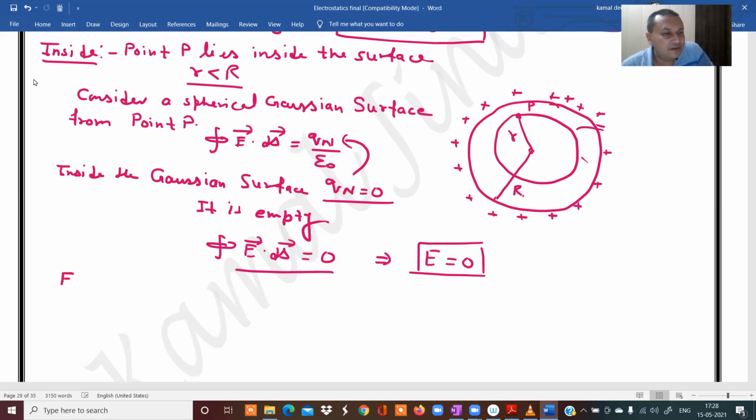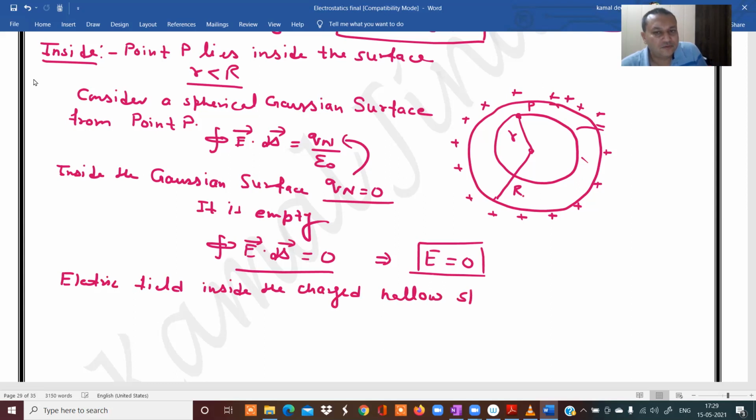So, electric field inside the charged hollow sphere is 0. Do it, write it.